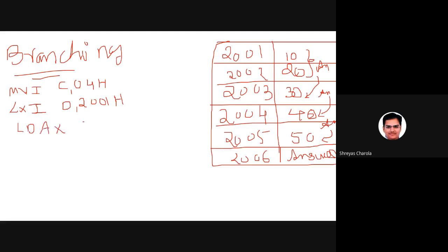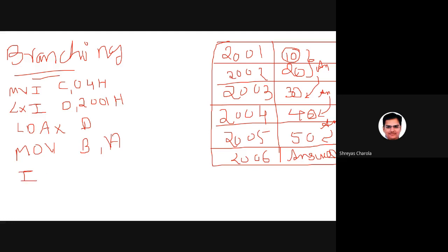LDAX D. That means the first content will come to the accumulator, and once the data is in the accumulator, I'll copy that data of the accumulator to the B, and then I'll write MOV B comma A.